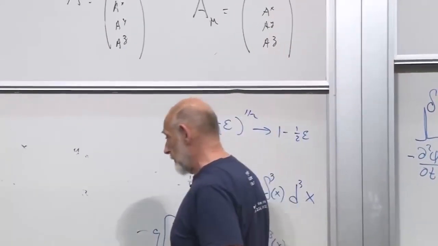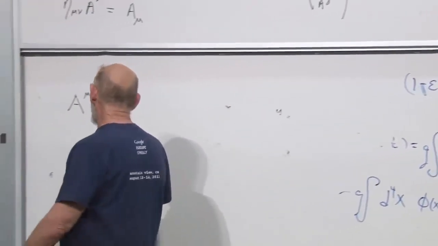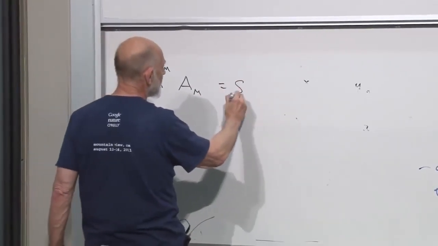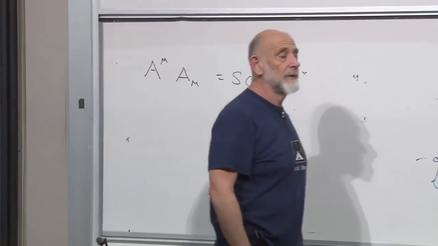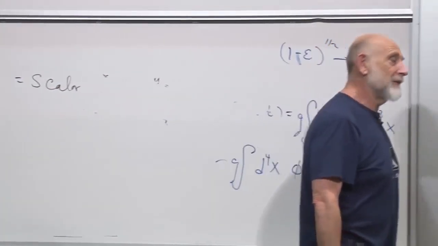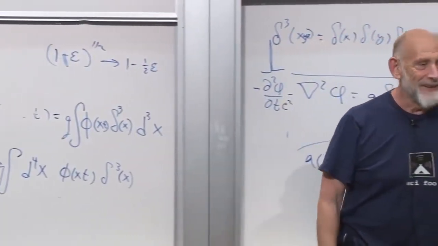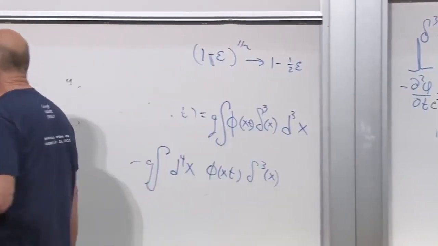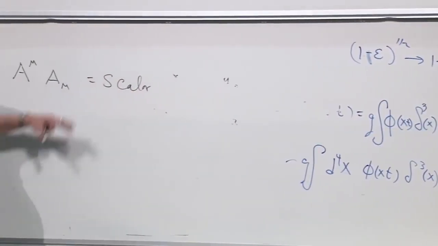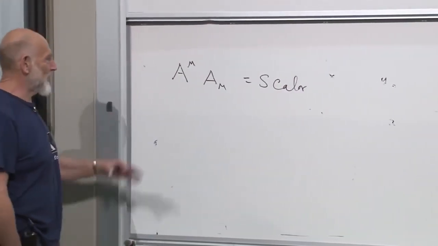And this thing is a scalar. If you multiply a matrix times a column, you get a column. That's true, you're right. Okay, we know exactly what we did.